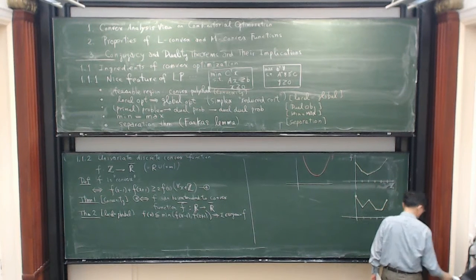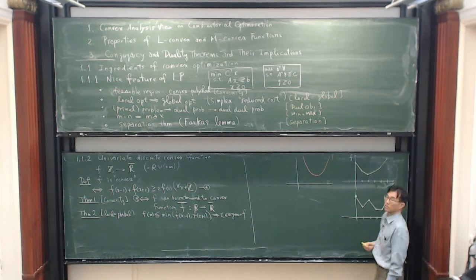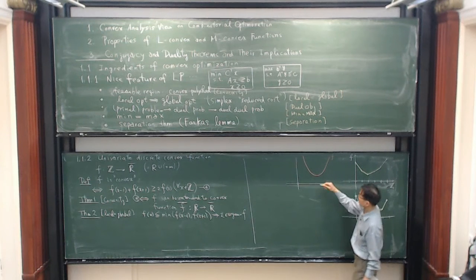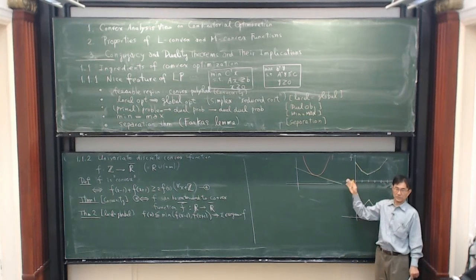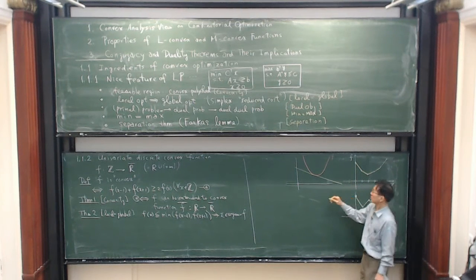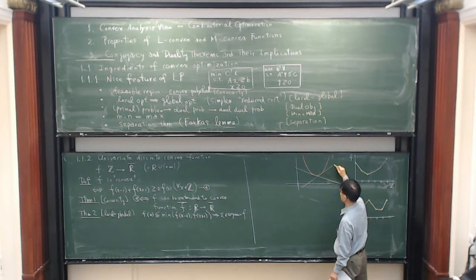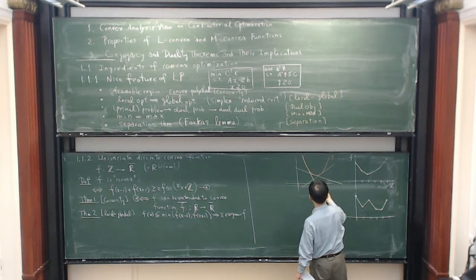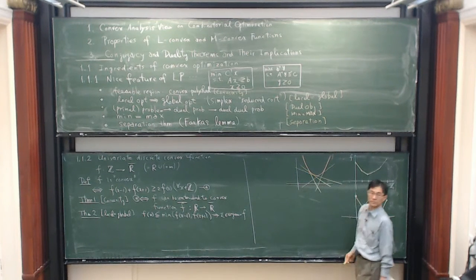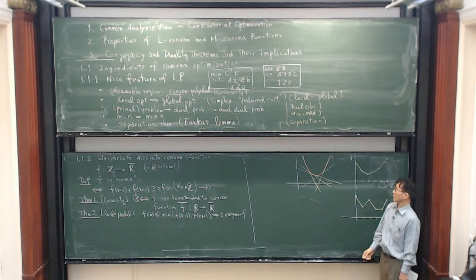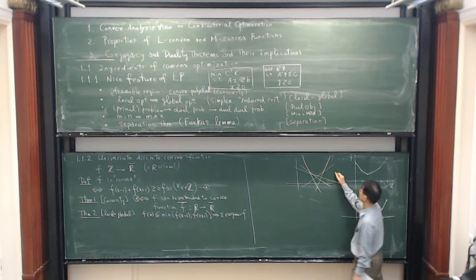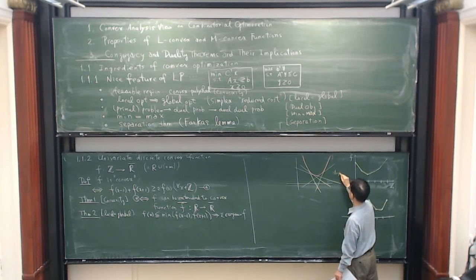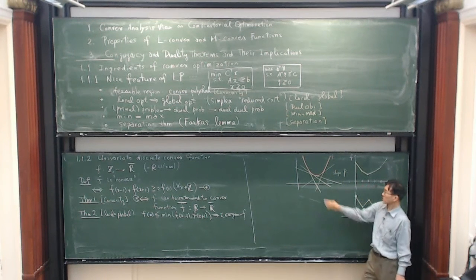And let's draw a tangent line like this with slope p. And you change the slope, you can draw many lines. Okay. So for each line, we have a slope, say p, and we have a section here.